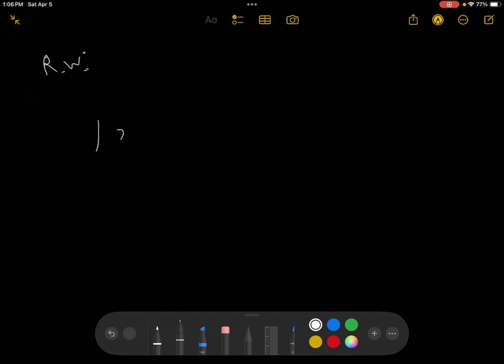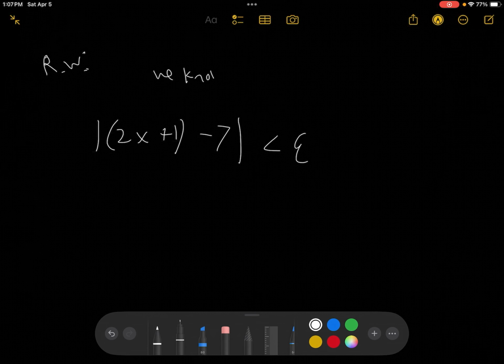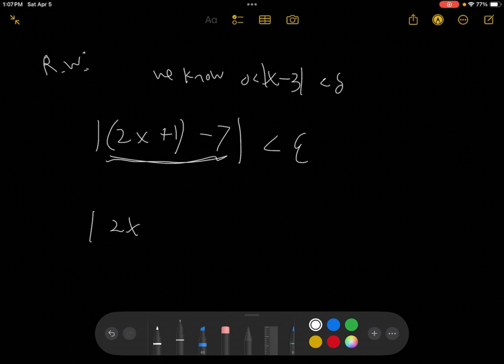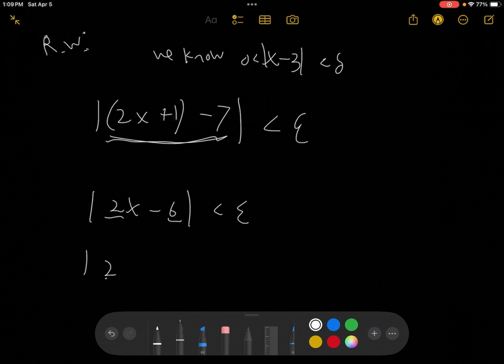So our goal is to show that the absolute value of 2x plus 1 minus 7 is less than epsilon. And we know that the absolute value of x minus 3 is less than delta. So let's manipulate this a little bit. This is the same as saying that the absolute value of 2x minus 6 is less than epsilon. So now we can factor a 2 out of this expression.